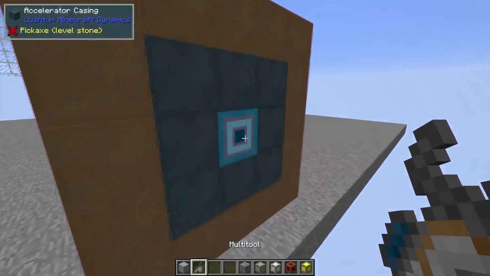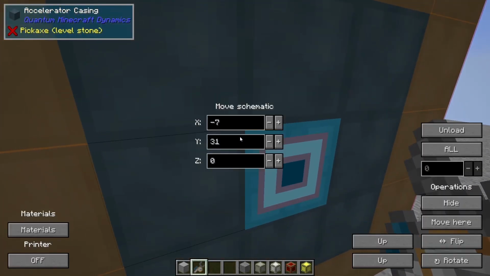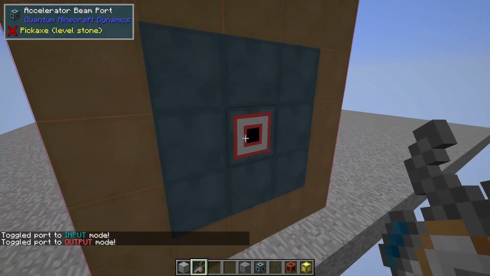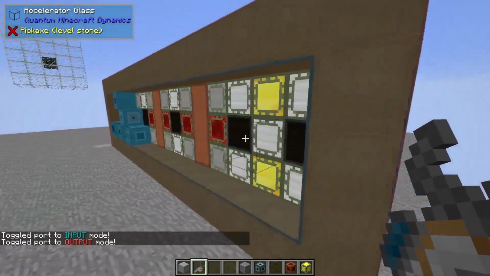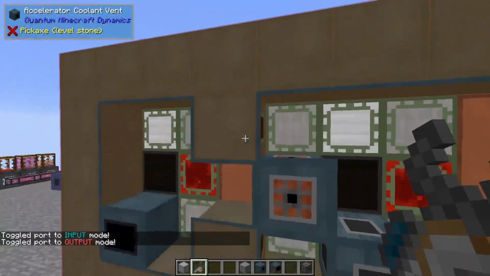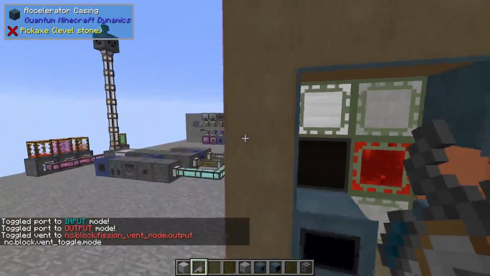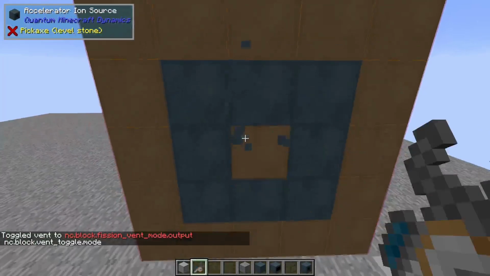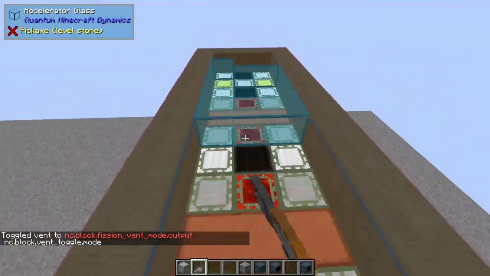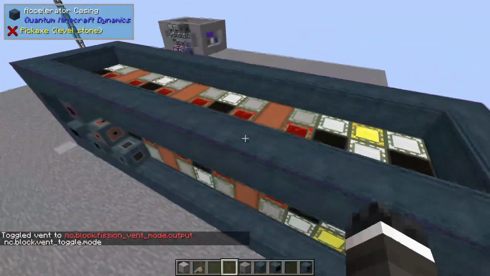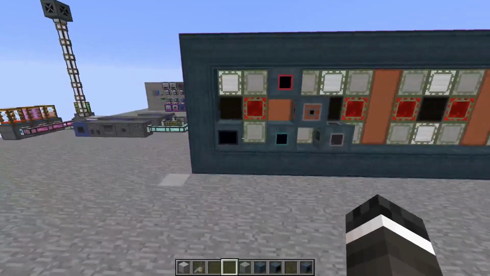We will need to get this multi-tool in order to switch this beam port into output mode. Same thing for this coolant vent. Finally, I'm going to place glass on the ceiling, and as you can see, the accelerator has now formed.